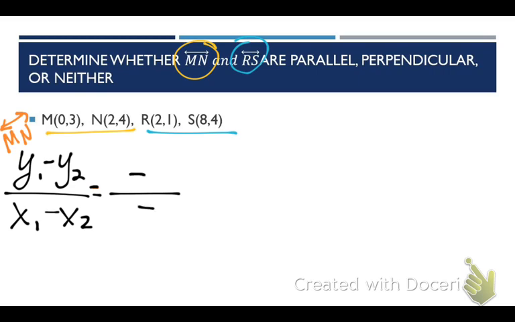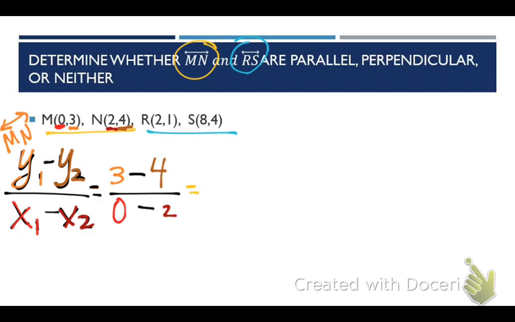All right, so what's my first Y? 3. And then my second Y? 4. My first X? 0. And then my second X, which would be 2. Yes, I agree.